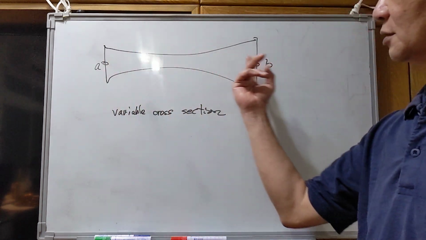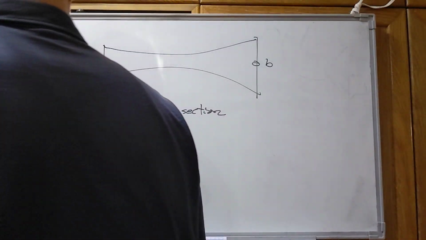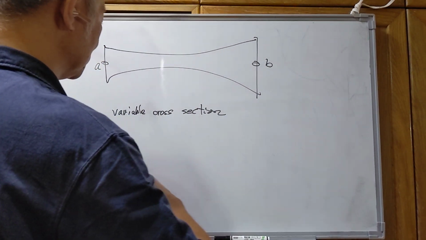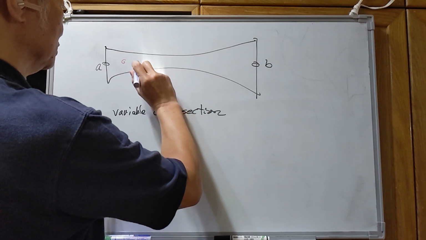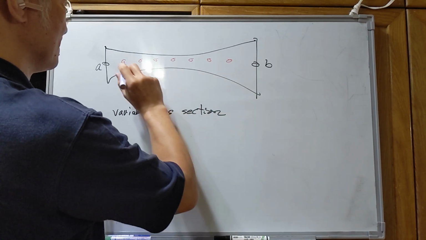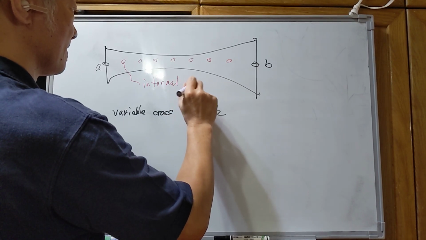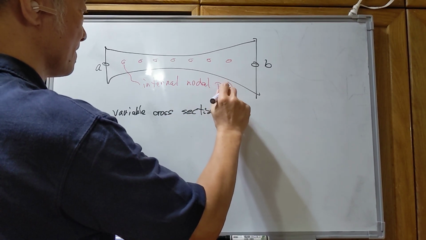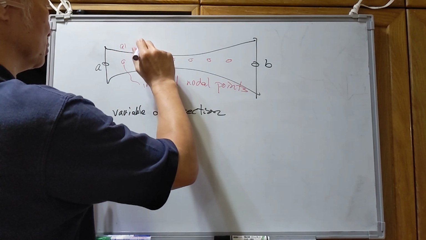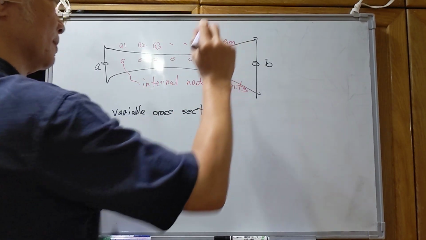Okay, how can we treat an element like this one? You can use the static condensations. So you can add some internal nodal points, for example A1, A2, A3 until AM.